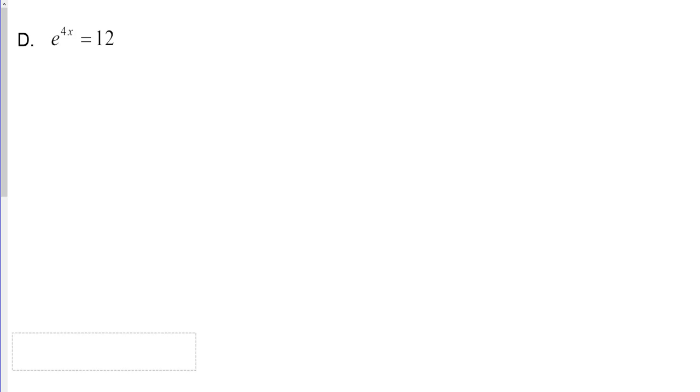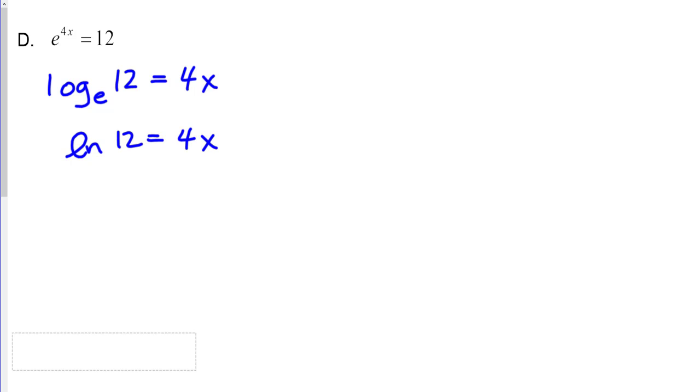So one thing you could do, for instance, if you chose to rewrite this as a logarithmic equation, you could say, all right, log base e of 12 is equal to that exponent 4x. But the nice thing about this is log base e, we know, is the natural log.